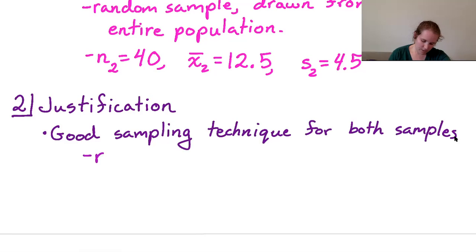So that's random, which we have, and drawn from the entire population.